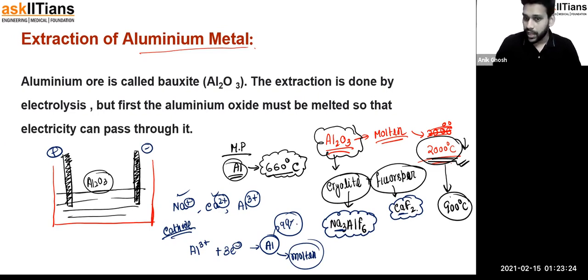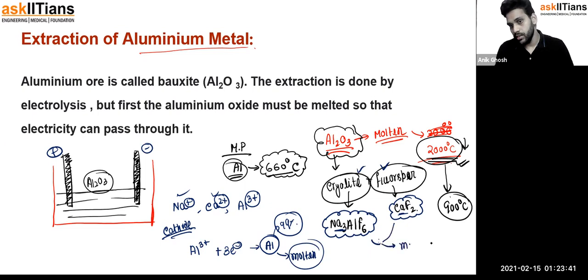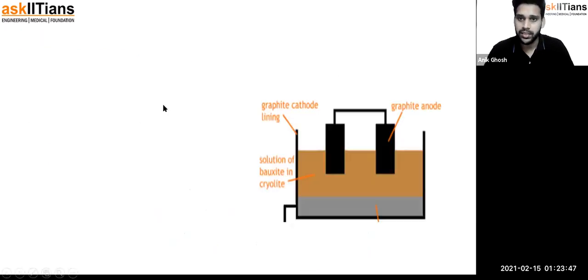If someone asks you about the usage of cryolite and fluorspar, you would say that it is decreasing the melting point. And there is another thing it is doing: it is increasing the mobility of the reaction. So that's it. That's all about the aluminium metal extraction.